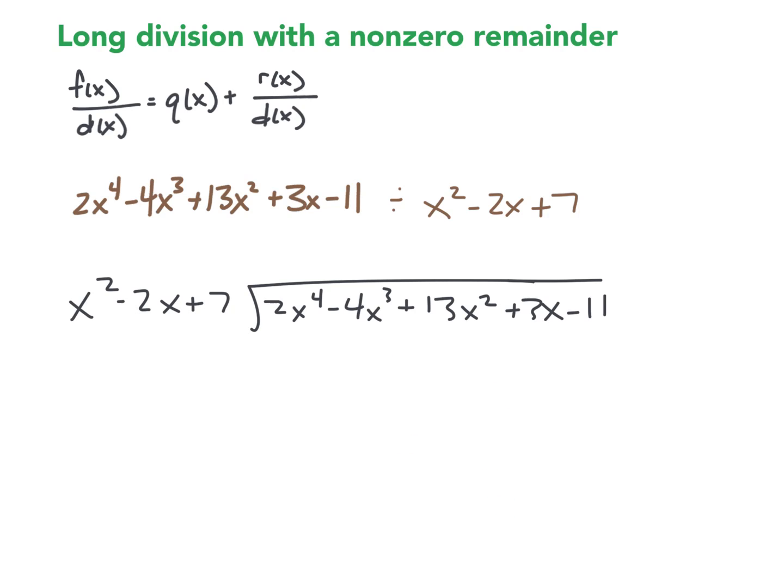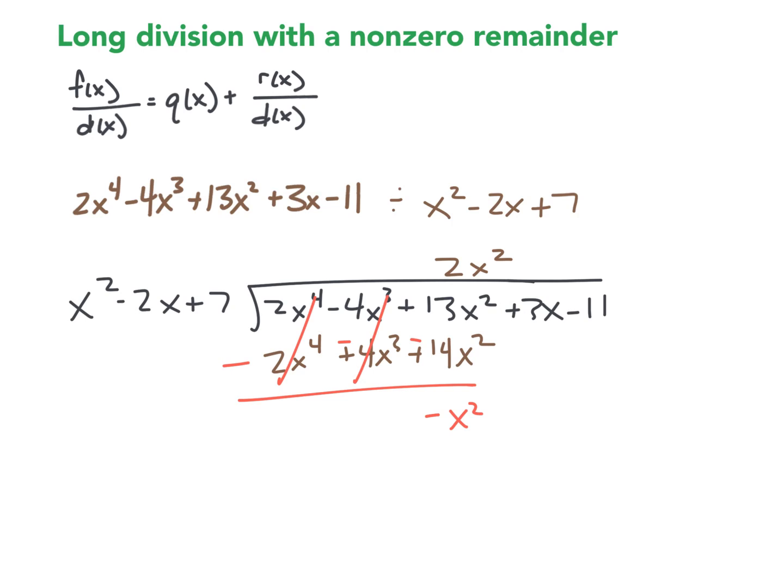For example, to turn x squared into 2x to the 4th, I'd have to multiply by 2x squared. And then all of these terms get multiplied by 2x squared. So I get 2x to the 4th plus 4x cubed plus 14x squared. Go through all the same steps, change the signs and add.